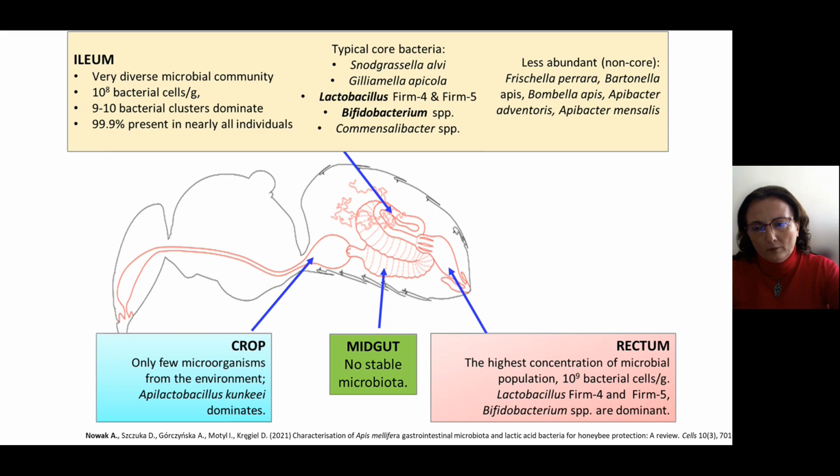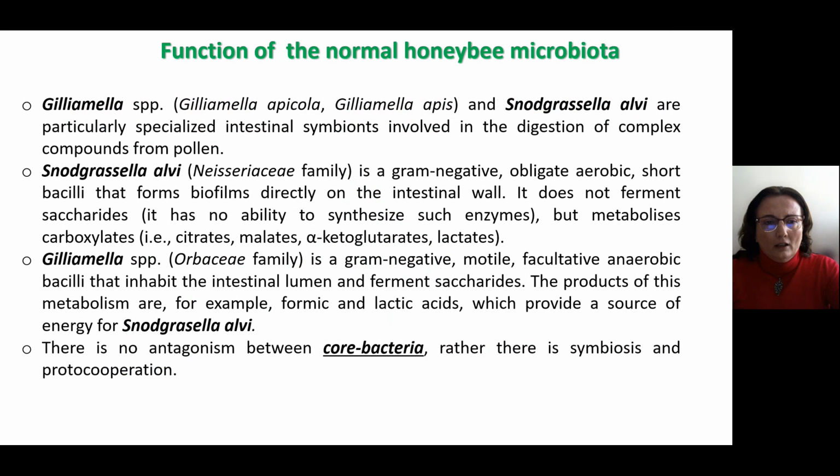The honeybee microbiota is composed of core and non-core species of different microorganisms performing a number of important functions in the honeybee organism. Gilliamella species and Snodgrassella alvi are specialized intestinal symbionts involved in the digestion of complex compounds from pollen.